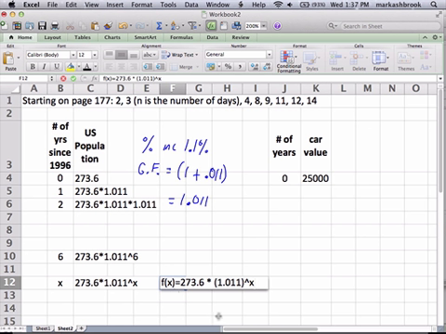So when you see a function like this, your image in your mind of what's happening in that function should be this: every time you advance to the next output, you multiply by another 1.011. So if you advance forward x number of inputs from the starting point, you're going to multiply by that number of growth factors to get that value.